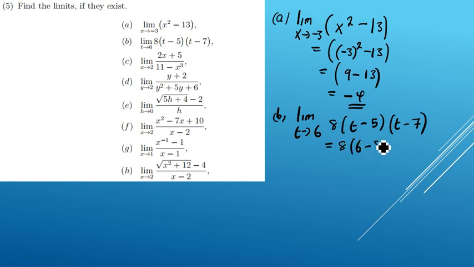So I have 6 minus 5, then 6 minus 7. If we work out what is in the brackets, here we get 1 and here we get -1. Our final answer is simply -8. That is the answer for this question.